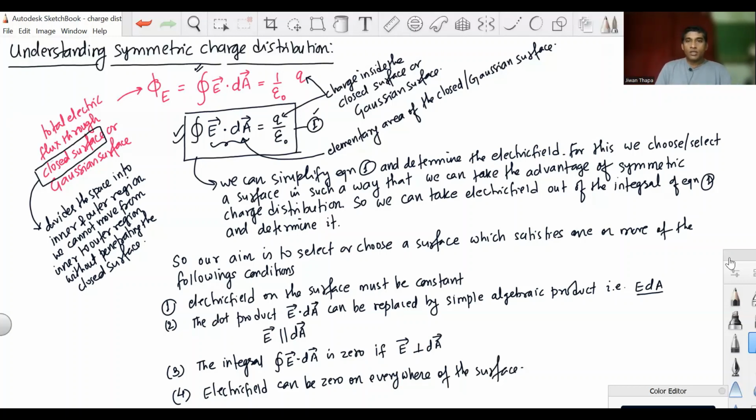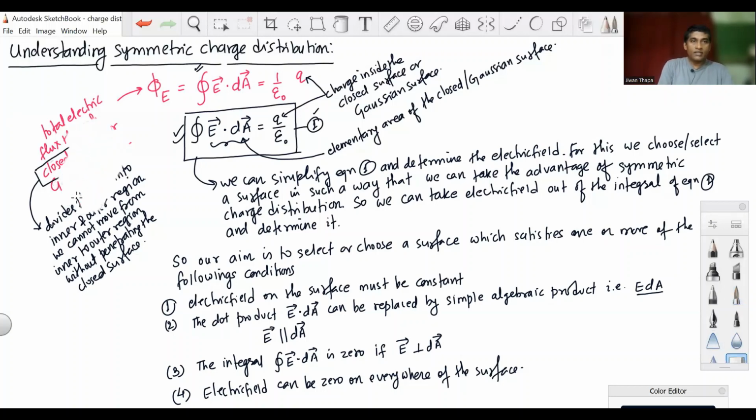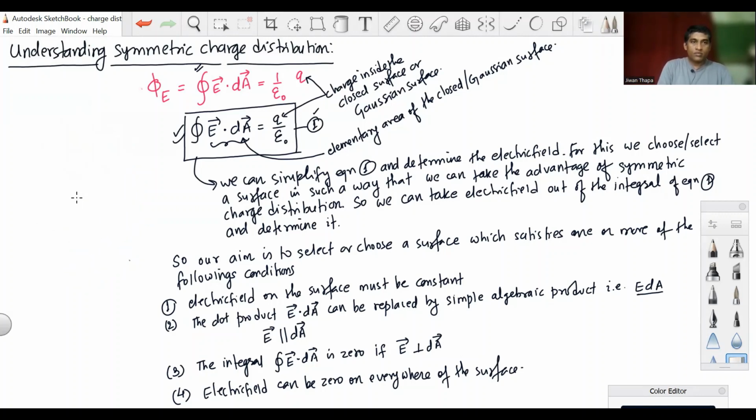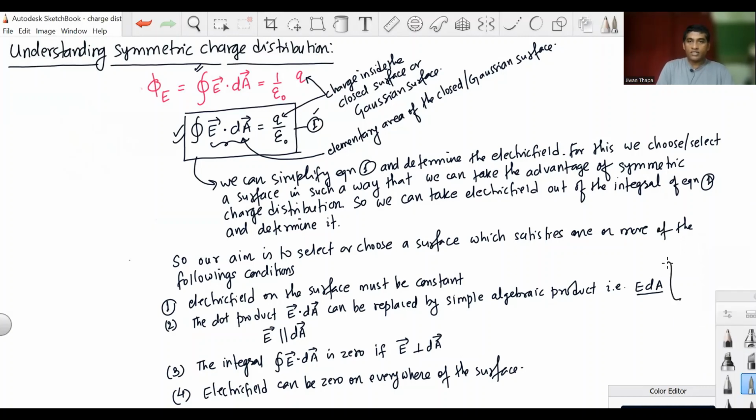Now let us understand these conditions with reference to, let's say, an infinite line charge.